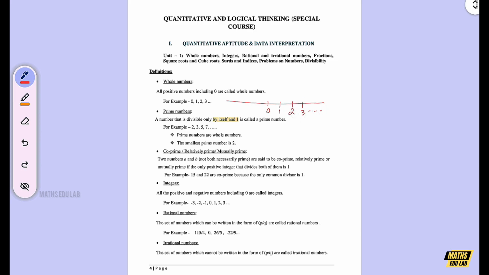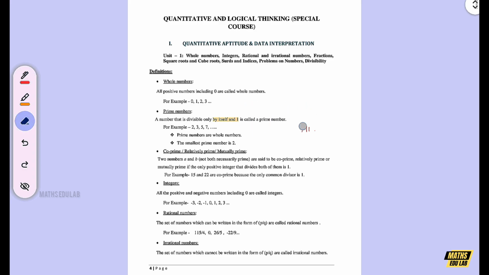Every prime number is a positive number. The prime numbers are 2, 3, 5, 7, then 11 and so on. These are positive numbers, which also are whole numbers. That means all prime numbers are whole numbers, and the smallest prime number is 2.